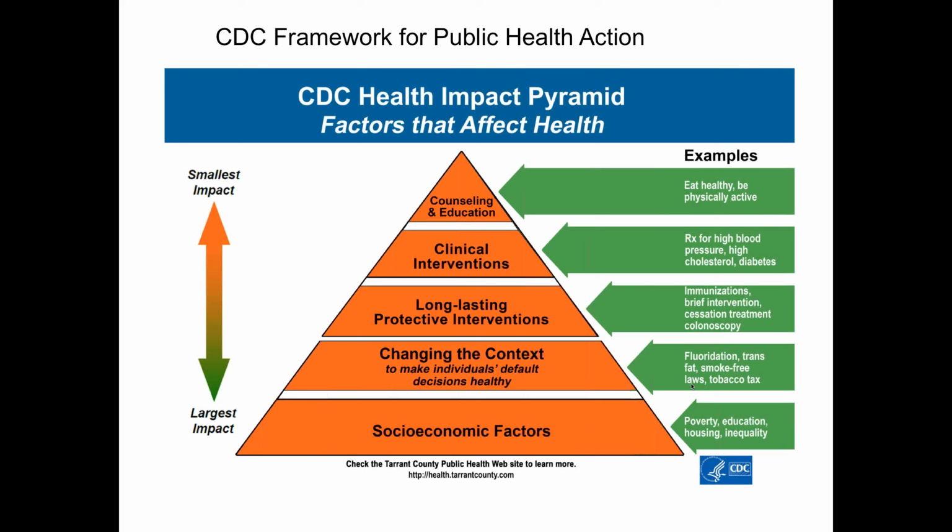So for counseling and education, counseling about eating healthy or being physically active would be an example of a strategy that would be from the top of the pyramid and would have a relatively smaller impact than things that are lower down in the pyramid.